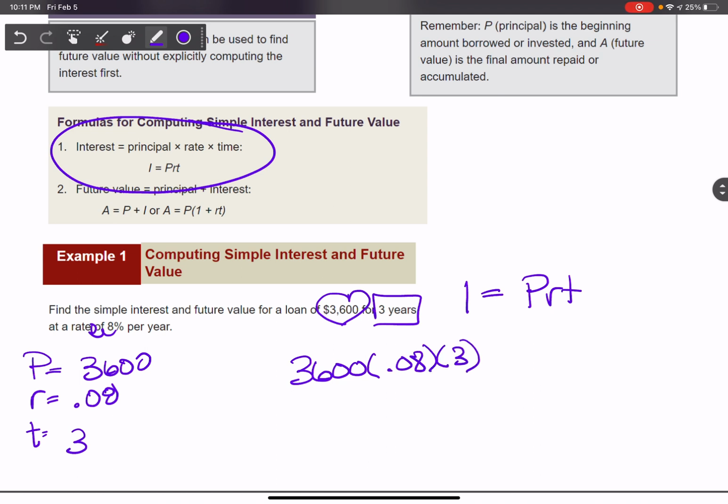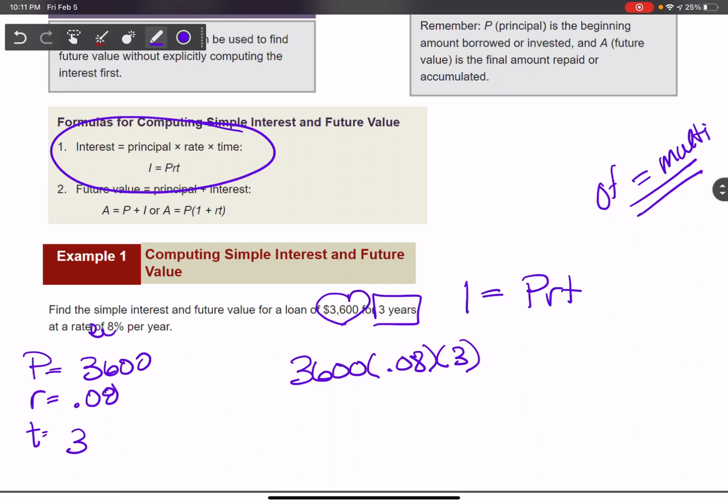And why does this make sense? Well, the interest rate is 8% of the 3,600 for 3 years. Remember we said that of means multiply? Okay, so we're looking at 8% of our borrowed amount for 3 years. So we just really multiply them all together.